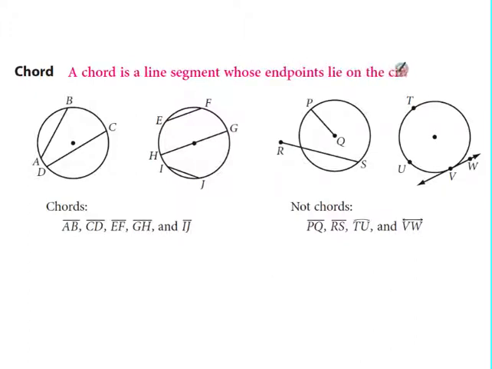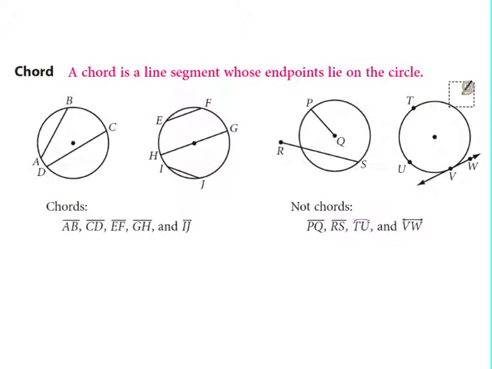Whose endpoints lie on the circle. That's it. It's a line segment whose endpoints lie on the circle, because obviously the endpoints are on the circle. The rest of it has to lie inside. It can't lie outside if it's a segment. Pretty straightforward. That's what a chord is.